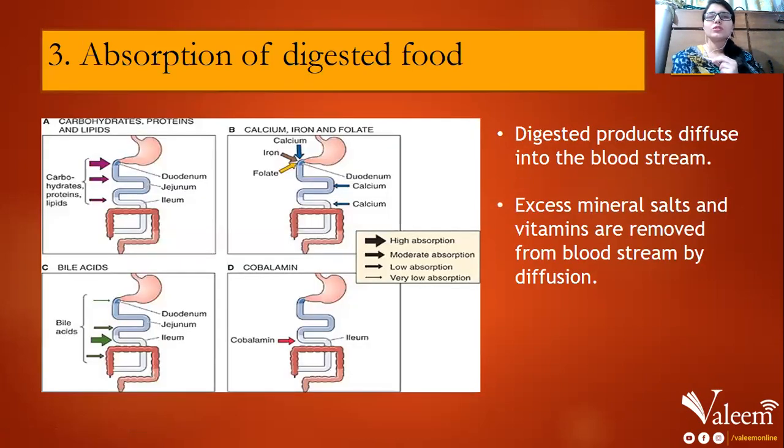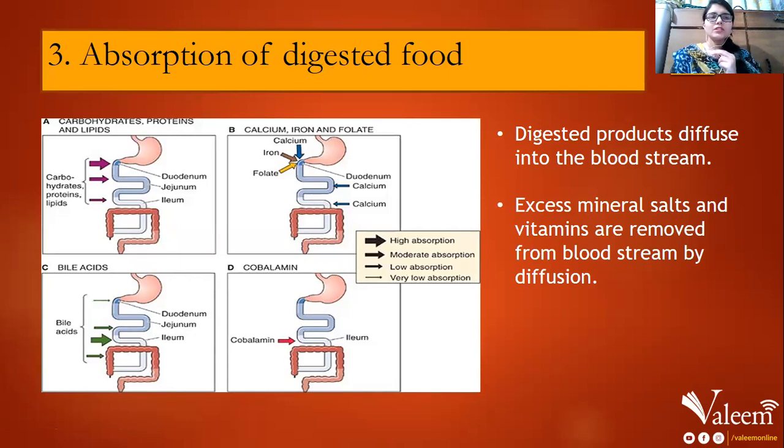Okay, absorption of digested food is another important part of diffusion in our human body. There are different substances that need to be absorbed in our blood. The digestive system consists of different organs that start from our mouth and end at our anus.